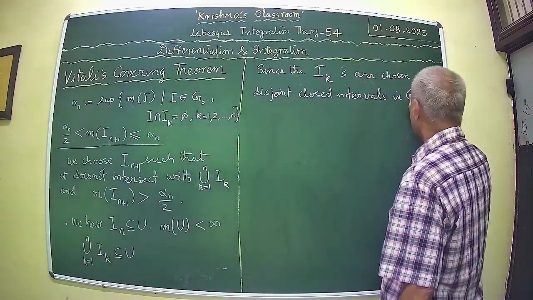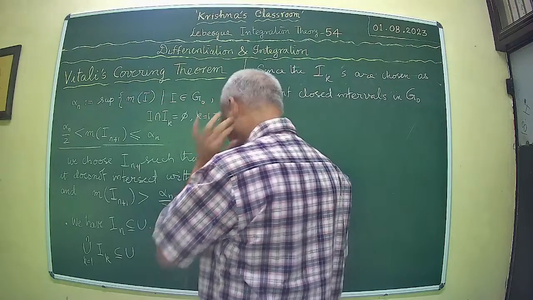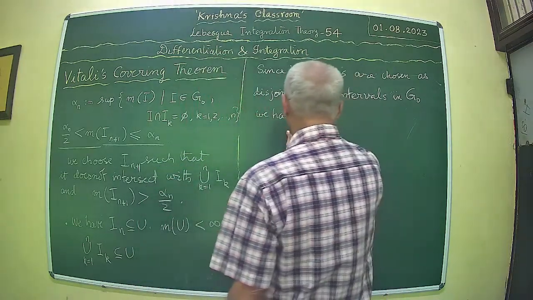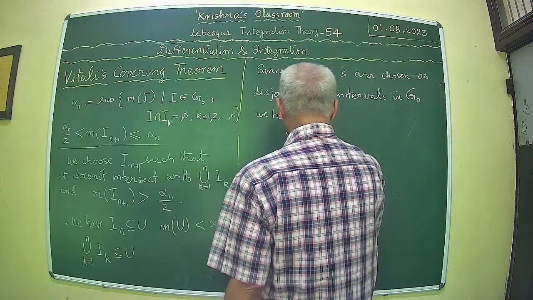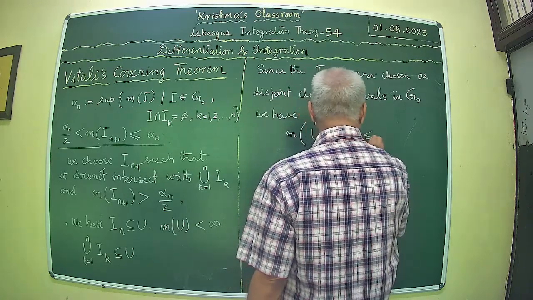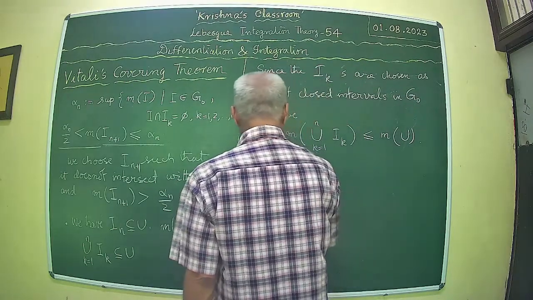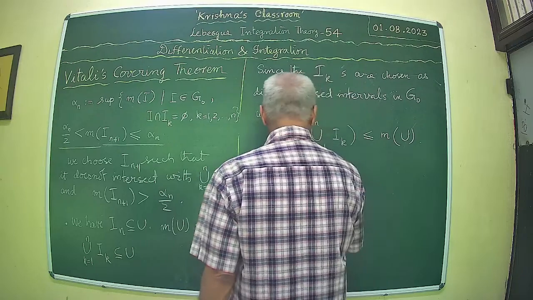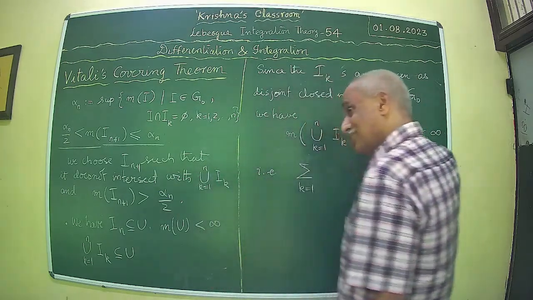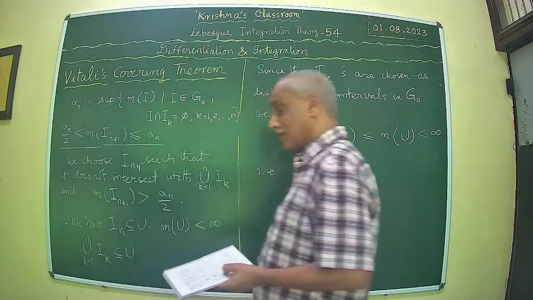We have the measure of the union, and what is this? Since they are all disjoint, this is the sum over k equal to 1 to n of the measures, and this is finite because of the choice of E, because the outer measure M star of E is finite.